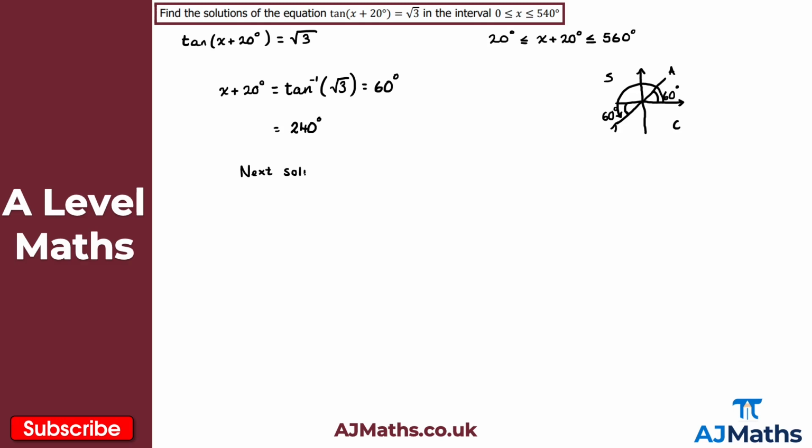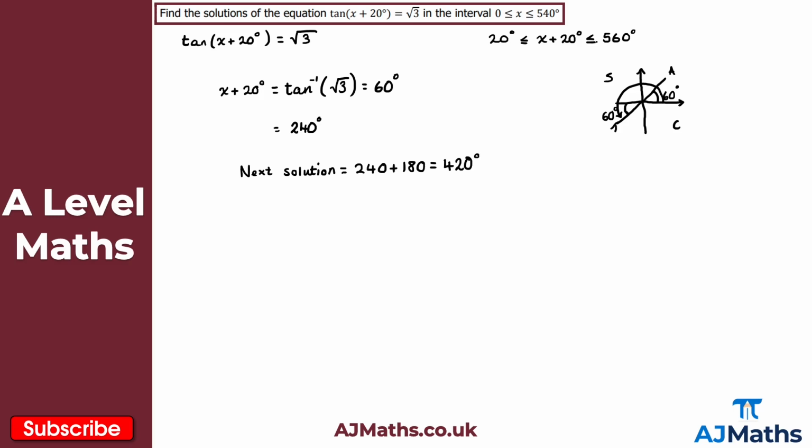So my next solution is equal to 240 plus 180, and that gives us 420 degrees. Okay. Now, if I add 180 to this, it would be greater than the 560 here, so we know straight away that solution would be rejected. It'd be greater than 560, so we just omit that solution.